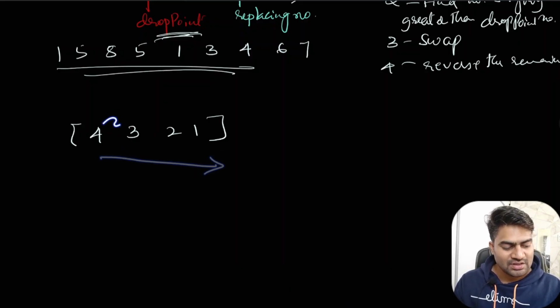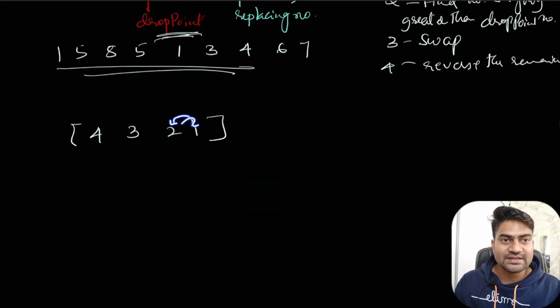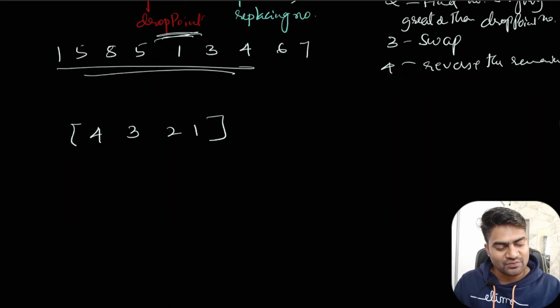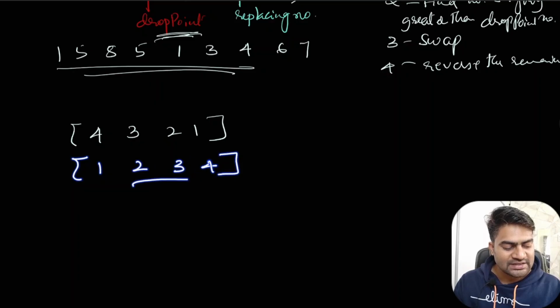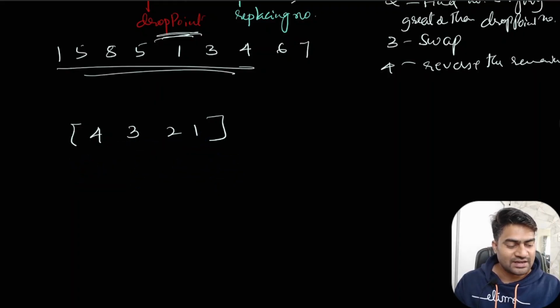If you try to find the drop point, you never find one, because it is always an increment from 1 to 2, 2 to 3, 3 to 4. So you don't get a drop point only in this case. In this case, we need to return the reversed array, because this is the least possible number after rearrangement. So we can simply reverse this particular array and return it.